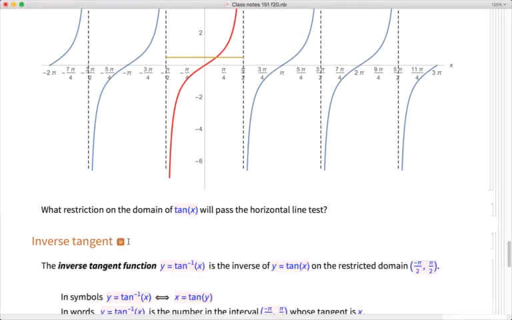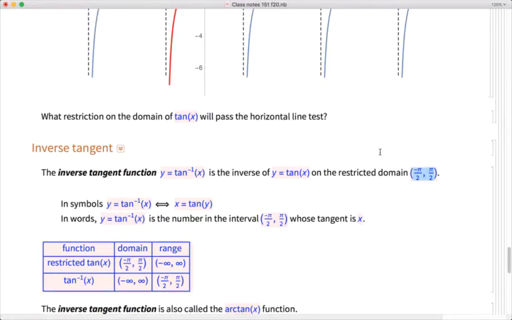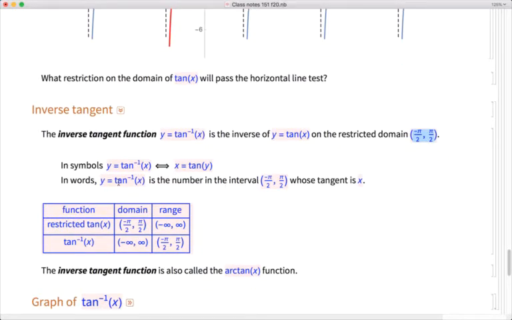And here's its definition. The domain we restricted is from -pi/2 to pi/2, but this is an open interval now, because the tangent function is not defined at -pi/2 or pi/2. Okay, so the inverse tangent is the number in the specified interval whose tangent equals x.